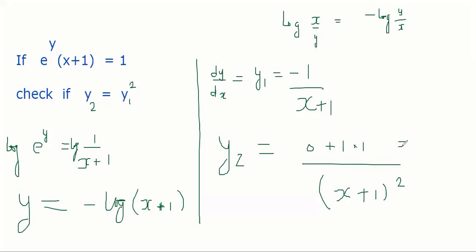Normal division. So it becomes 1 by x plus 1 whole square. See, this is my u, this is my v. So u dash is 0, and 0 into something is 0. Minus u means minus 1, so minus minus plus into v dash. V dash means differential of x plus 1, so 1. So y2 equal to 1 by x plus 1 whole square.